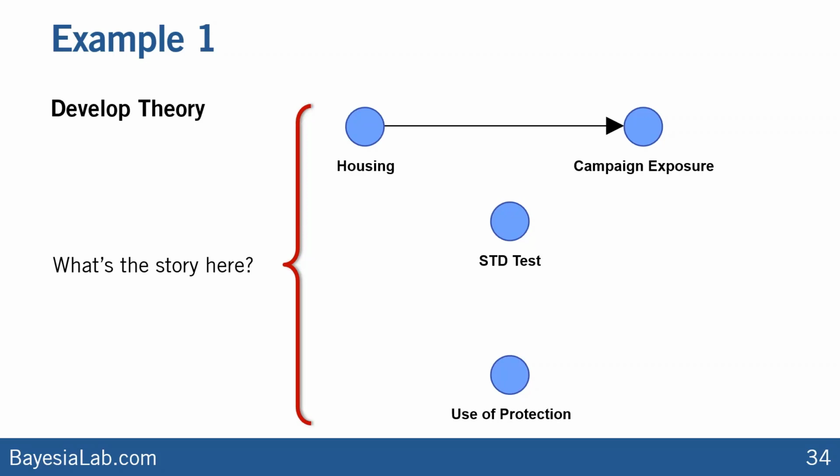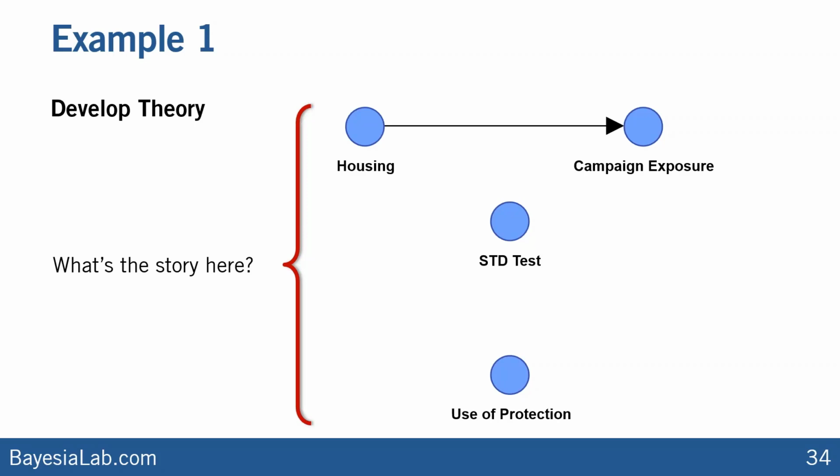So here I'd say housing and campaign exposure are causally related. And I would say housing, where you live, influences whether or not you're exposed to the campaign, because the campaign had posters at bus stops and subways.